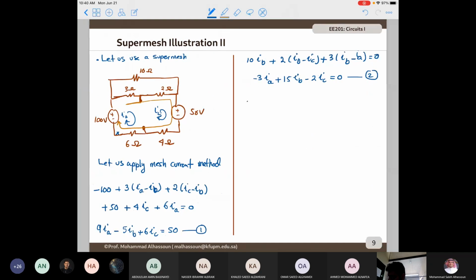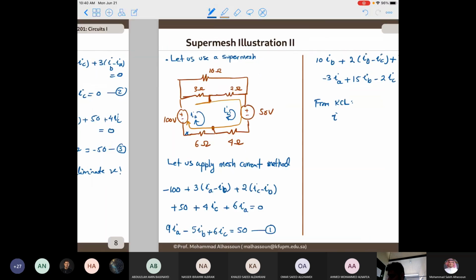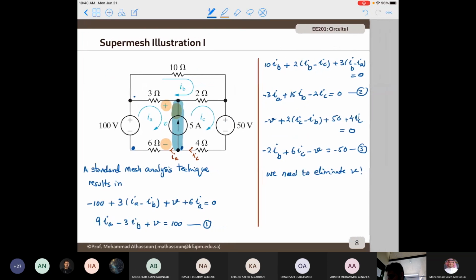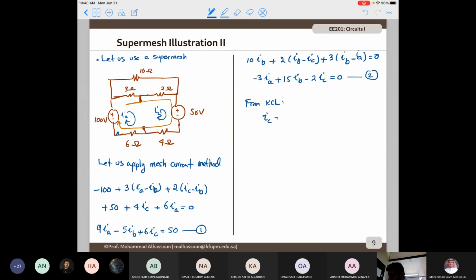So from KCL, going back here, IC is entering, or simply minus IA plus IC equals to 5. And this is the third equation. So I have 3 equations, 3 unknowns. So I can construct the solution for the problem.